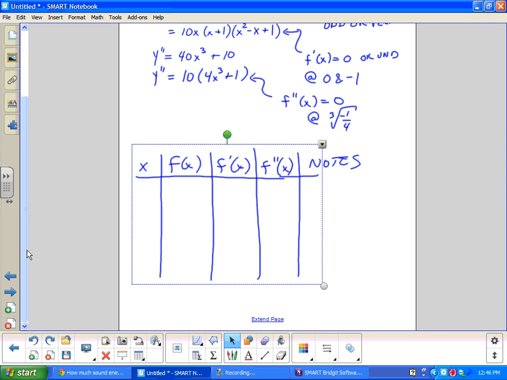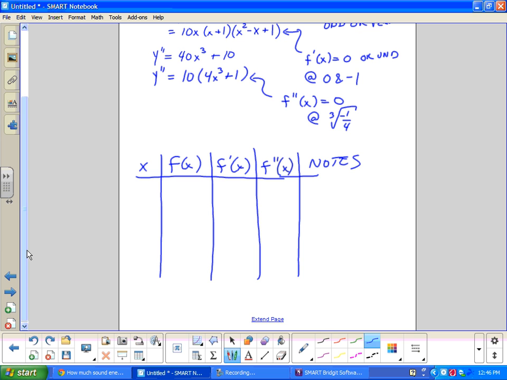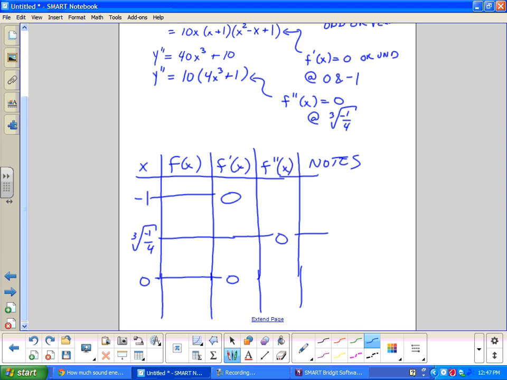All right. So I got 3 points in my table. I have -1, cube root of -1/4, and 0. And I know that the critical points are where the first derivative is 0. That's here and here. And I know this is where the second derivative is 0, possible point of inflection.